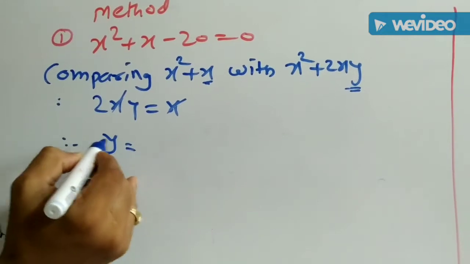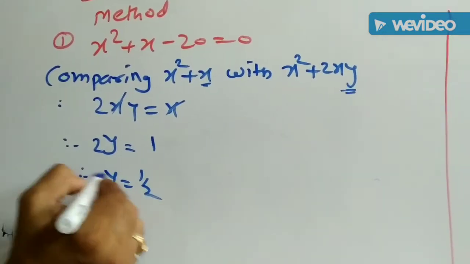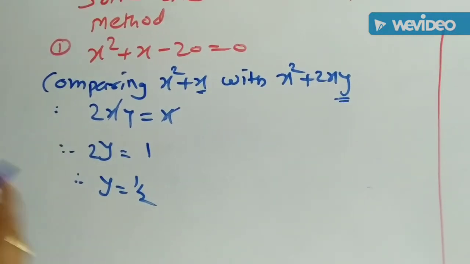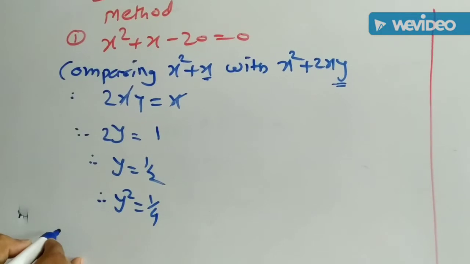Now find the value of y. 2y is equal to 1. y is equal to 1 half. Multiplied 2 gets converted to division, and therefore y square is equal to 1 upon 4.